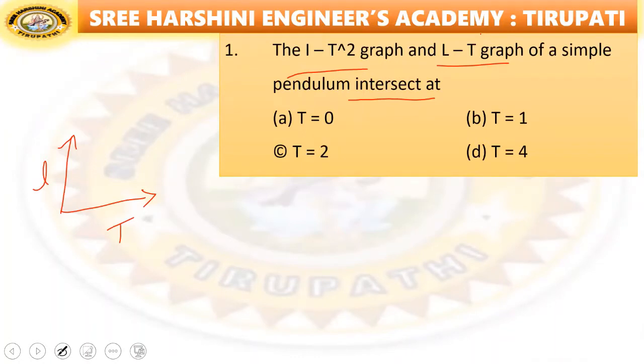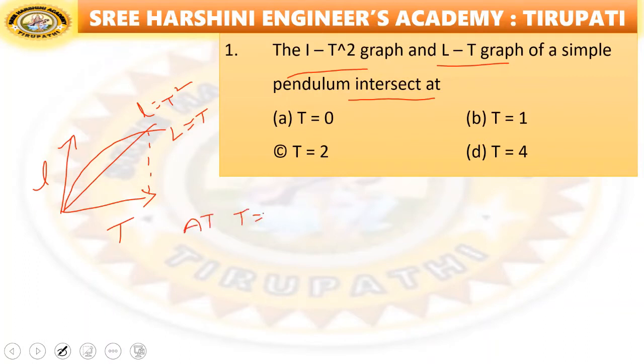The L equal to T squared graph is a straight line. The L equal to T graph is like this. So this is the intersecting point of both the L-T squared graph and the L-T graph.